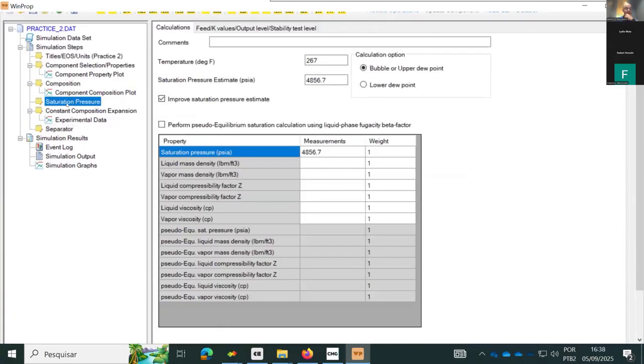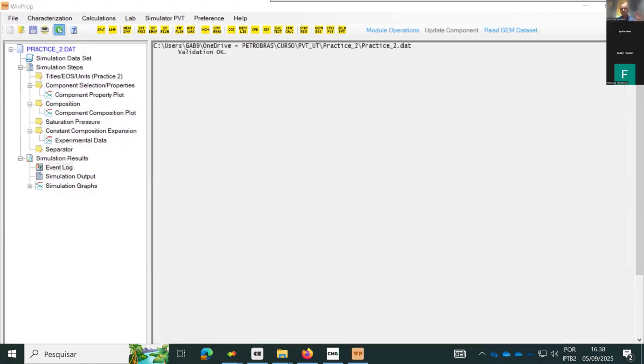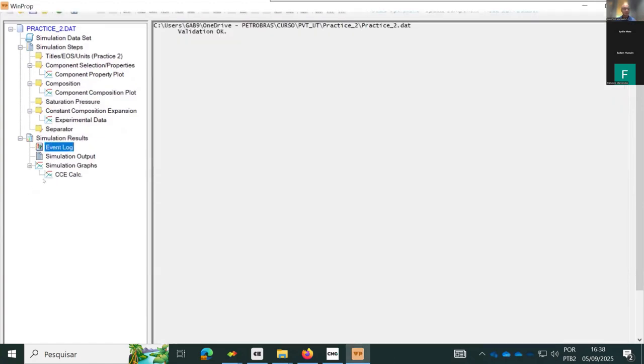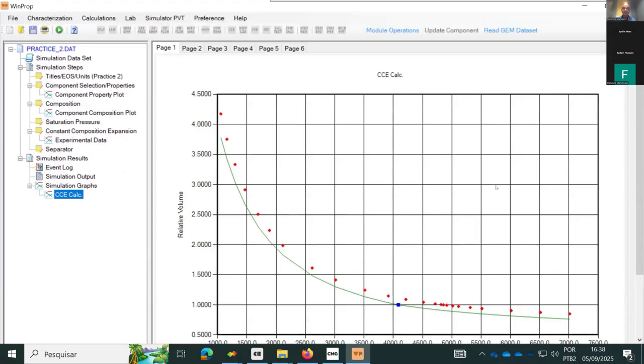So we can test the prediction of the equation of state just to see how it will behave with default coefficients. Remember, just save and run, just to see the comparison. For gas, it is simpler to predict because the equations of state are tuned for gas mixtures, so the prediction seems better than for oil mixtures.